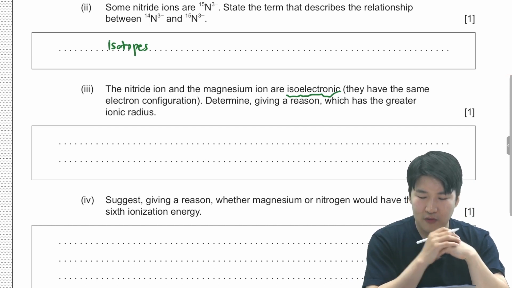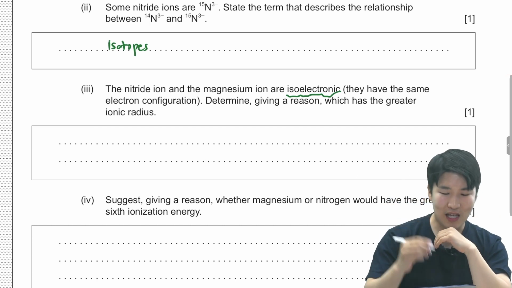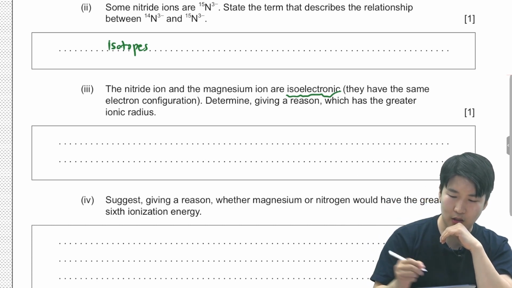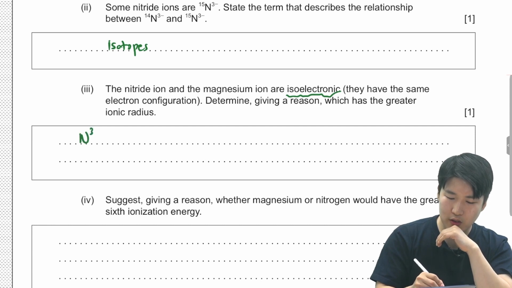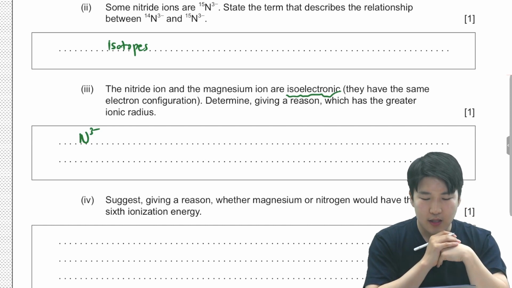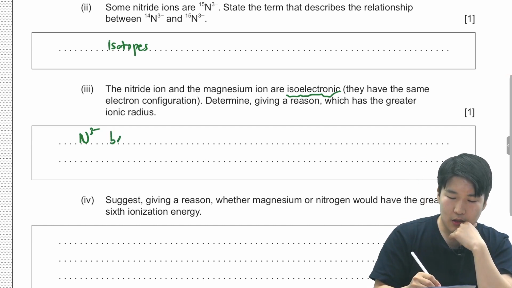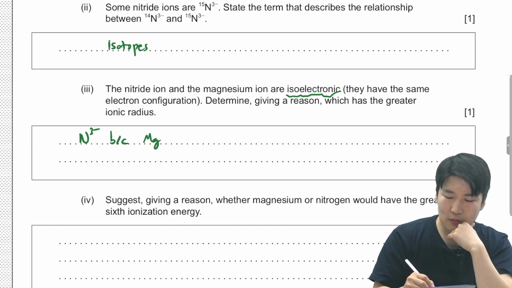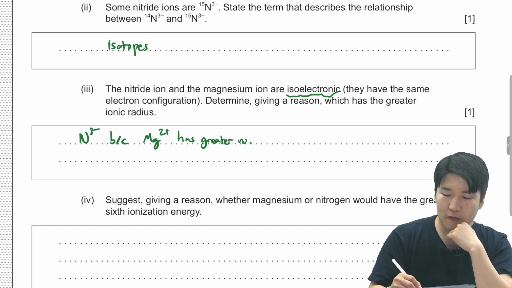But one of them will have a larger ionic radius, and that would be nitrogen. Why does nitride ion, I said nitrogen, apologies, it's nitride ion, have the larger radius? Because magnesium 2+ ion has a greater number of protons.